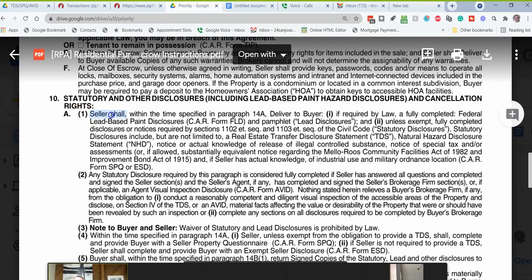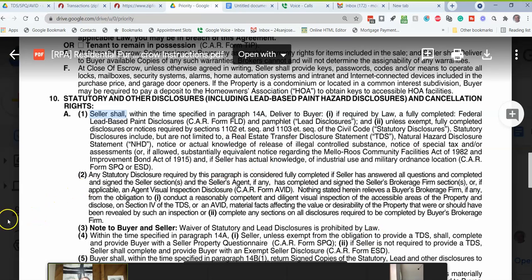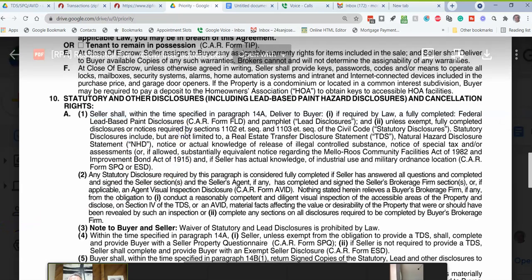Everywhere that it says in the RPA, seller shall, you might want to highlight that in green. I don't know why, but green. Later, when you find things that say buyer shall, you might highlight that in yellow. If you find something that says contingency, highlight that in red. By the time you're done, you're going to have all the obligations of the buyer and the seller and the contingencies.